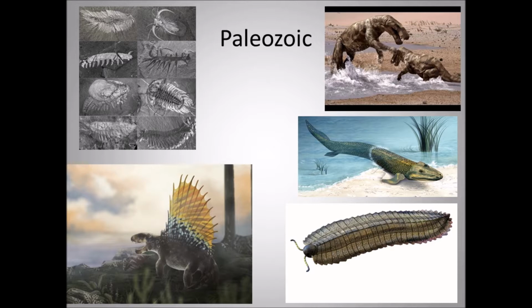But it wasn't until around the Devonian that we start to see some of the lobed fin fish exit the water. And this middle right picture right here, that is Tiktaalik, a very key fossil that was found in Canada, a fish that ultimately started to walk on land.